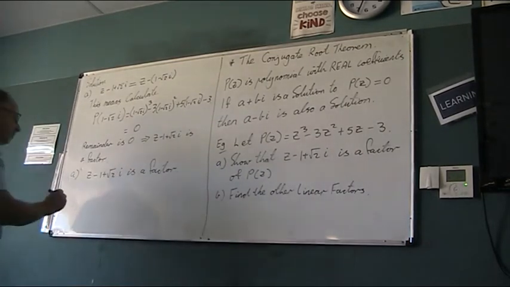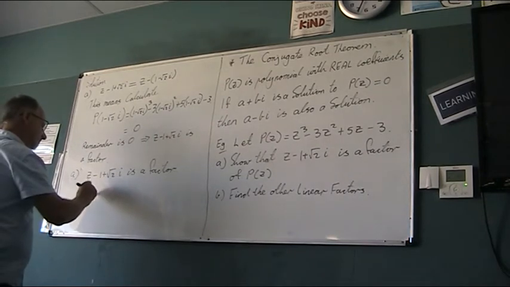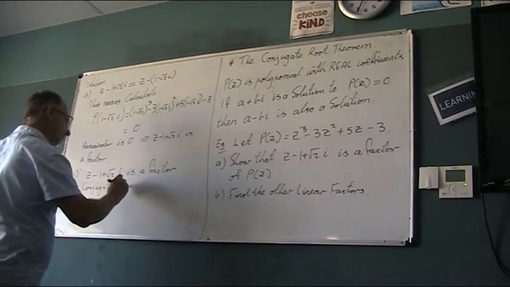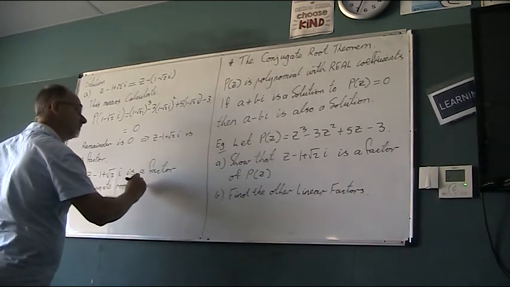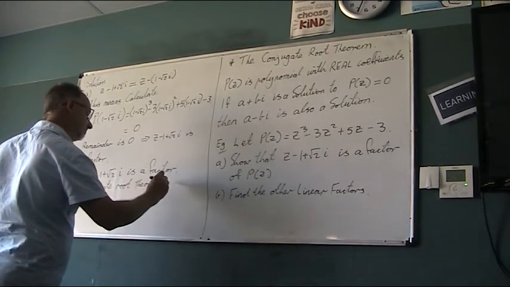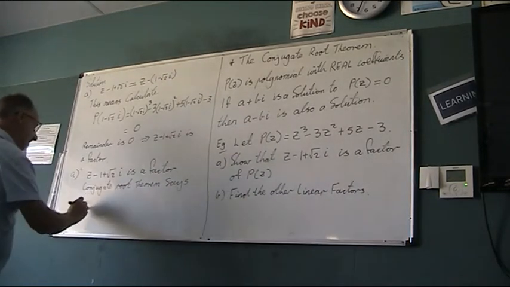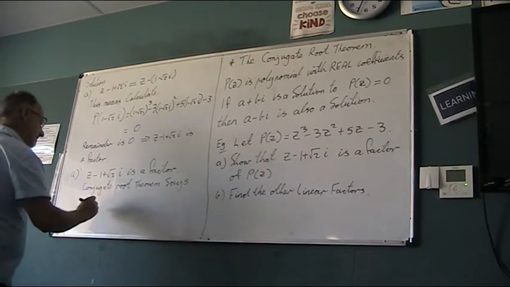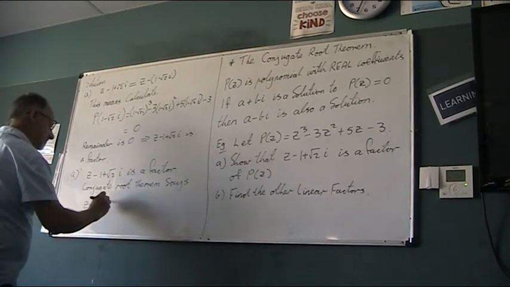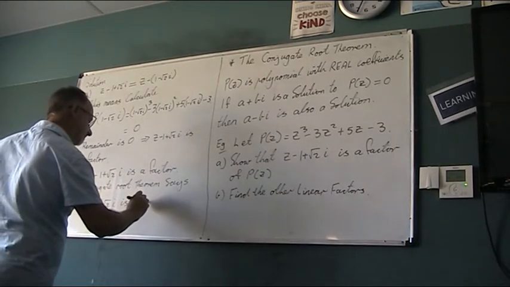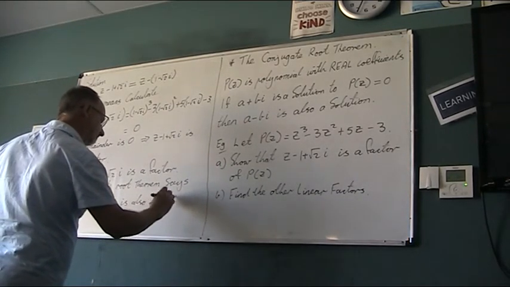And so the conjugate root theorem then says that z minus 1 minus root 2i is also a factor.